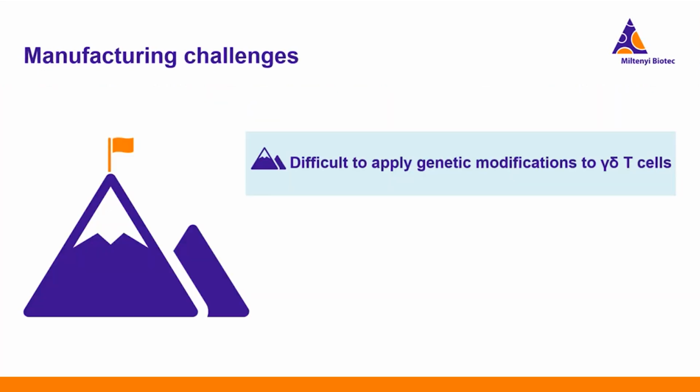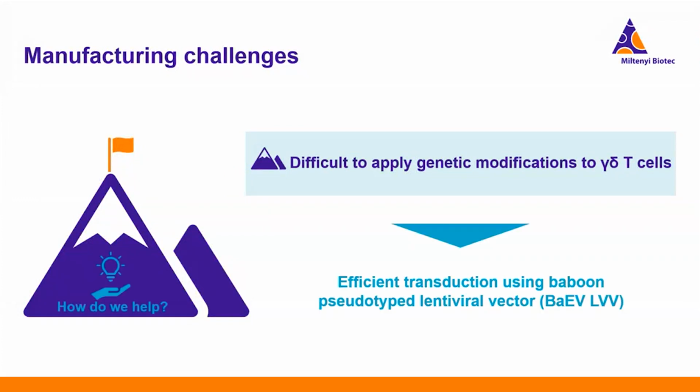So we saw at the beginning, this is a challenge that remains. There are different tools to implement genetic modification of the cells, and lentiviral vectors are one of the most common strategies to include genetic modifications into immune cells.